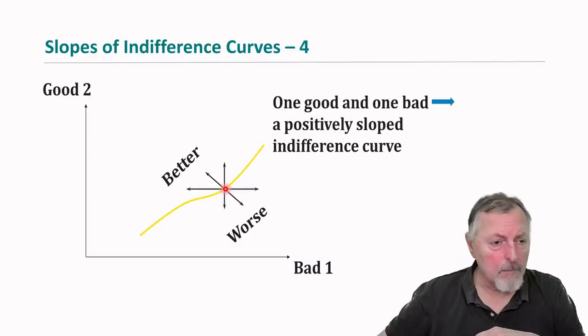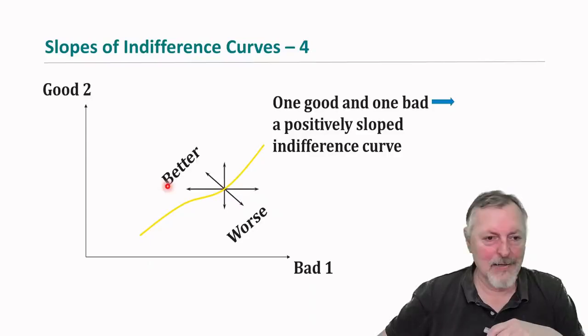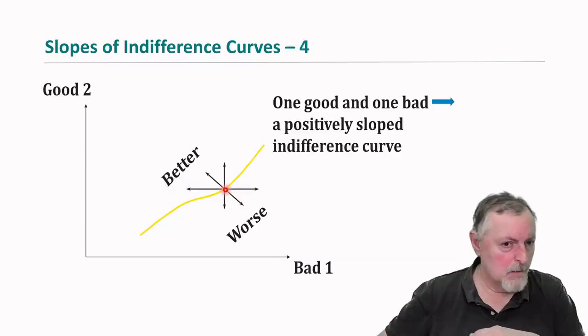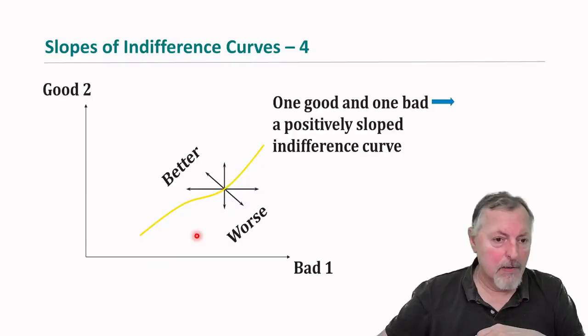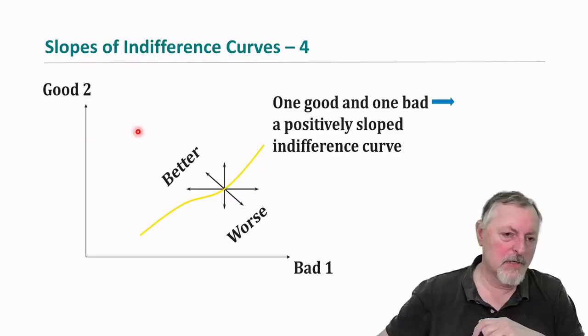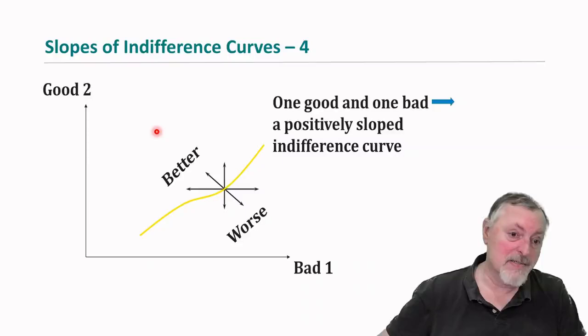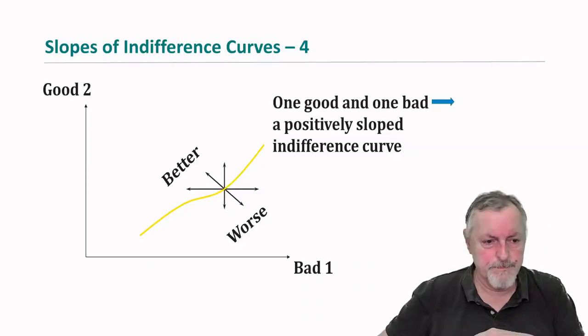If you keep the amount of good 2, puppies, constant at this level, but you get more root canals, you're going to be less happy. If you have this many root canals and this many puppies, but then you get more puppies, you'll be happier. So anything to the northwest would make you better off, etc.